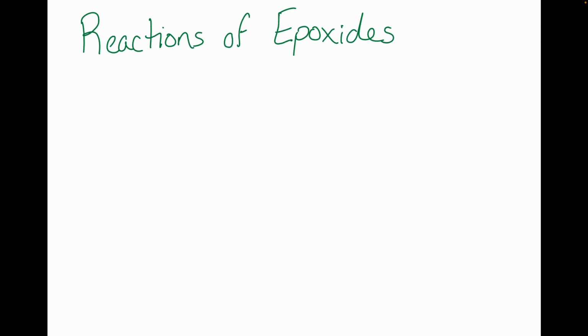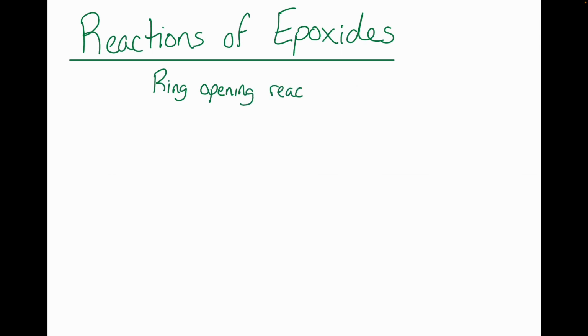Let's talk about reactions of epoxides. All right, and the one thing that you want to have in your mind when we're talking about reactions of epoxides is this term ring opening reactions.